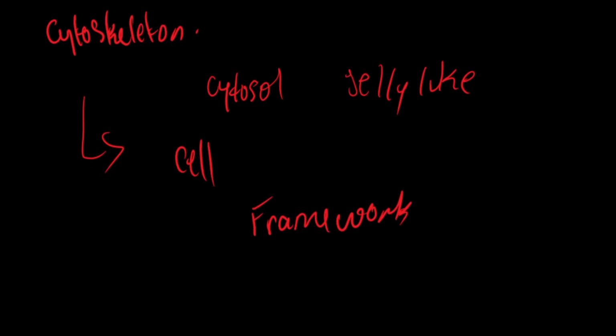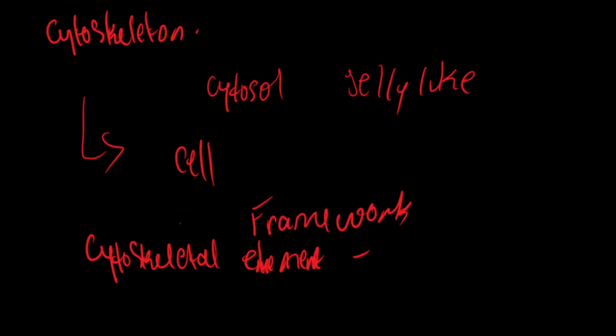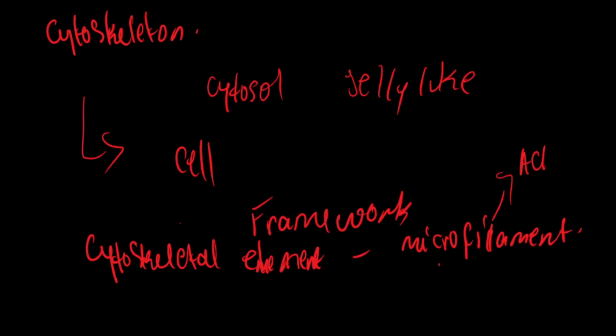For this video, we'll be considering three cytoskeletal elements. These elements are, firstly, we have the microfilament. The microfilament is this semi-flexible thread-like or rod-like filament that we have within the cell. The major protein that we have associated with the microfilament is actin, and we'll see this actin and microfilaments come into play in cytokinesis.